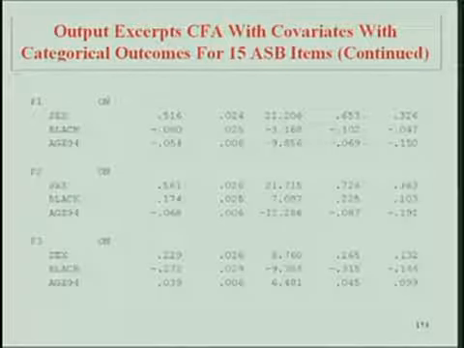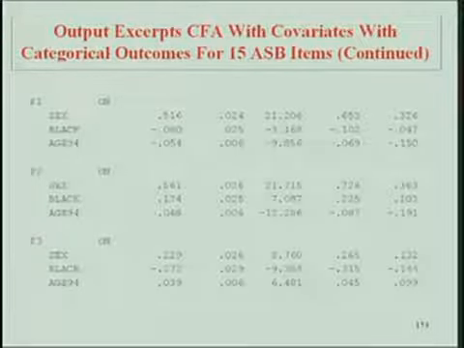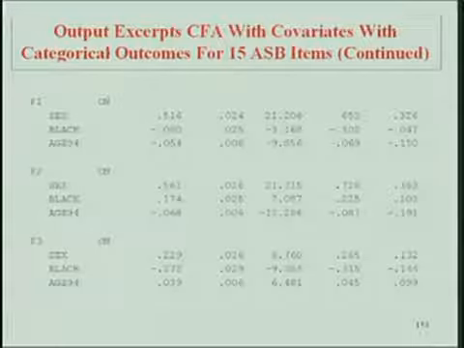And then the structural part, leftmost part of the picture, factor 1 on the background variables, factor 2 on the background variables, and factor 3 on the background variables. These are linear regressions. Sex is scored 1 for males and 0 for females, I do believe. So being male rather than female gives you a higher value on F1, other things being constant.